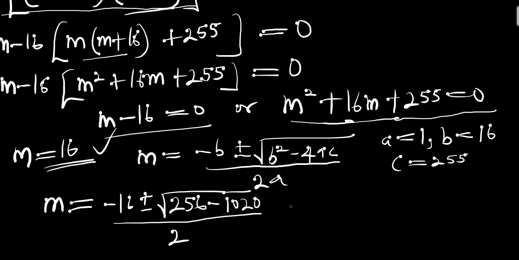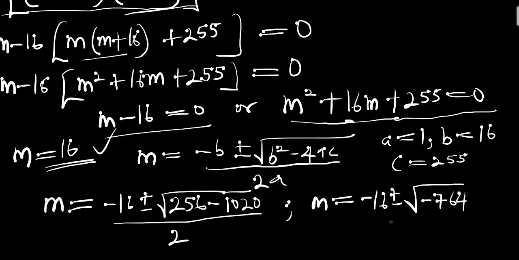So what do we have again? We have m equals negative 16 plus or minus square root of 256 minus 1020. We are going to have negative 764 divided by 2.